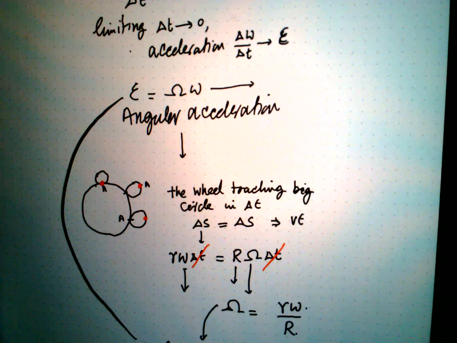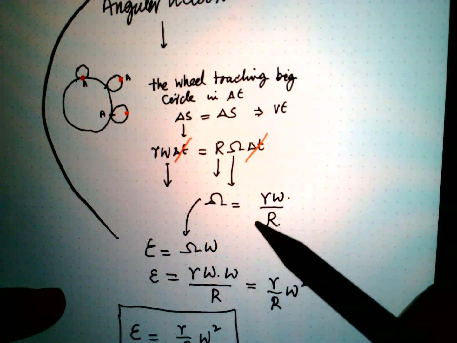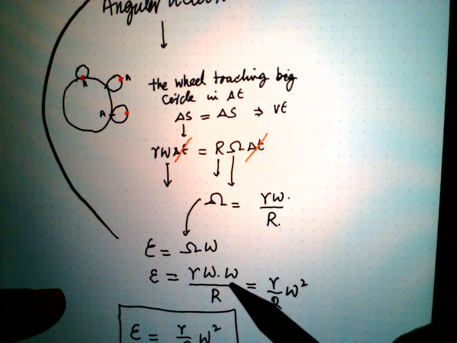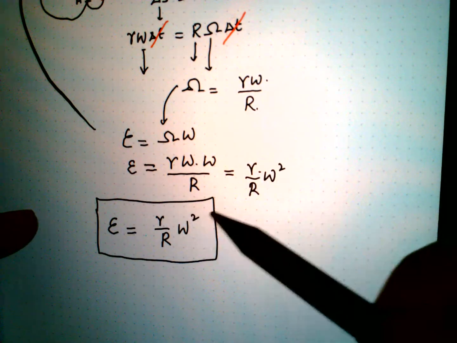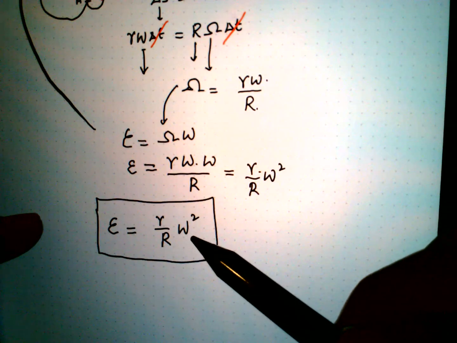So epsilon is equal to capital omega times omega. Substituting the value of capital omega, r omega over capital R, into omega. So the acceleration is equal to small r over capital R into omega squared.